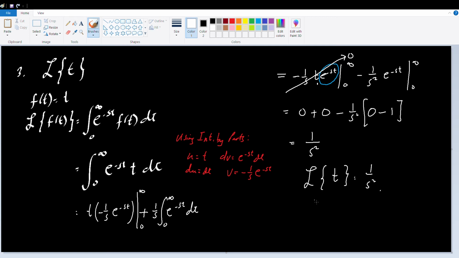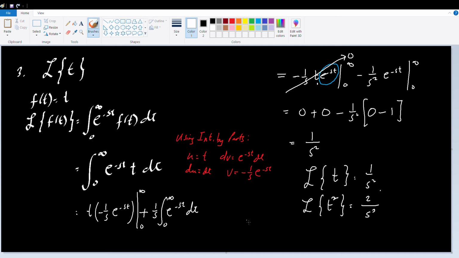Now, similarly, the Laplace transform of t squared will be equal to 2 over s cubed. For the Laplace transform of t squared, you perform integration by parts twice, and you will get 2 over s cubed.